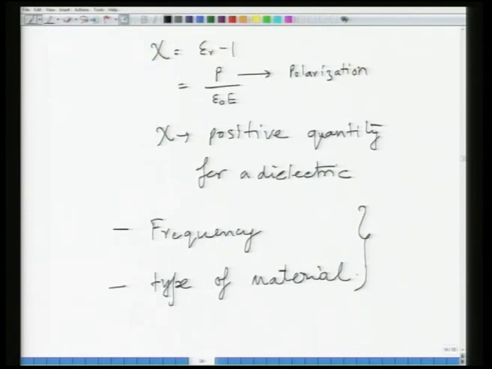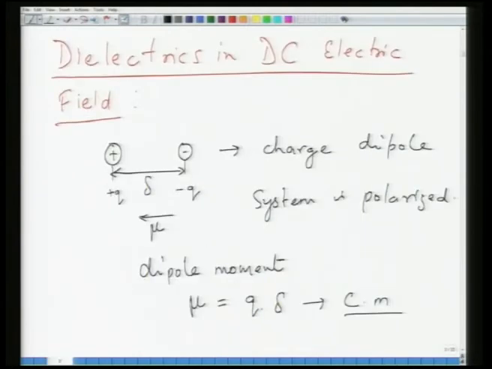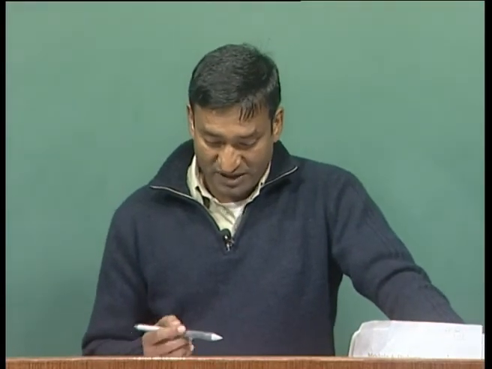What we have done so far, if we go from the beginning, is we learnt the creation of a charge dipole in a material. The moment you create a dipole, it means the system gets polarized upon application of an electric field, which means separation of positive and negative charges.